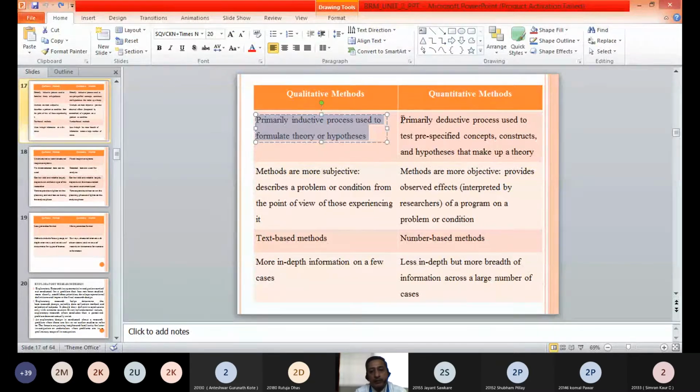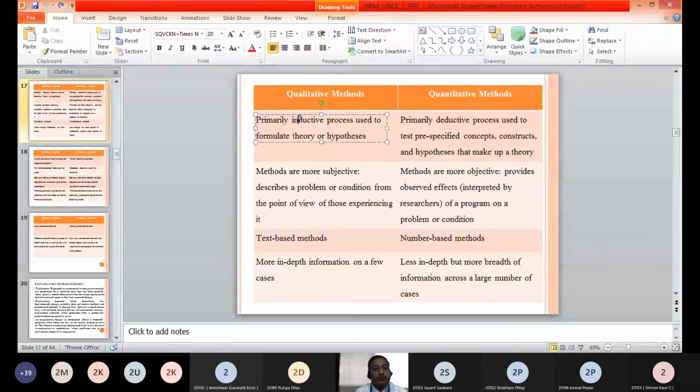And opposite to that, it is quantitative methods, wherein it is primarily a deductive process, wherein we use those methods to test pre-specified concepts, constructs, and hypotheses that make up the theory. So in quantitative methods, we test that particular concept, theory, or different hypotheses which have been formulated on the basis of qualitative methods. So it is deductive.